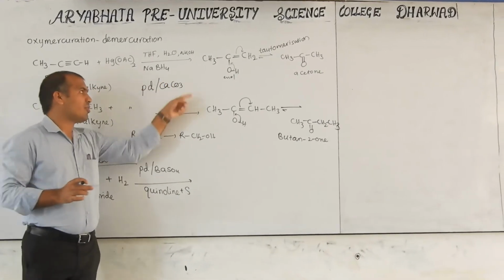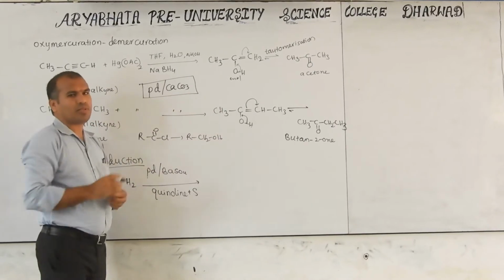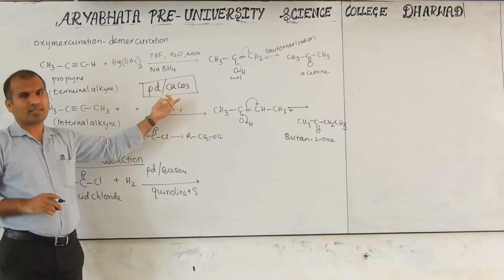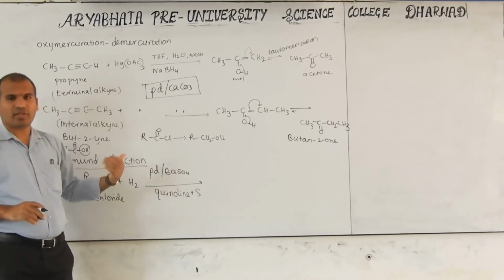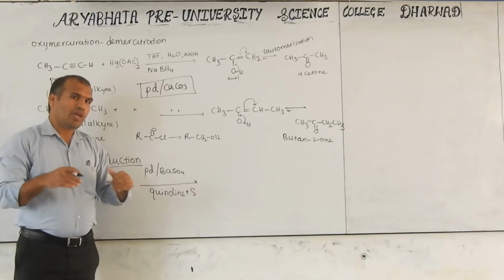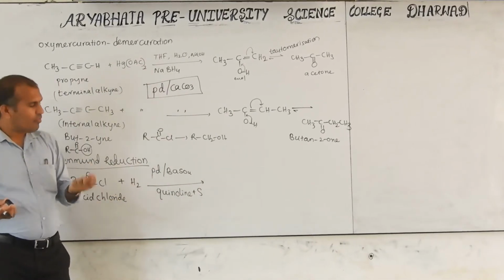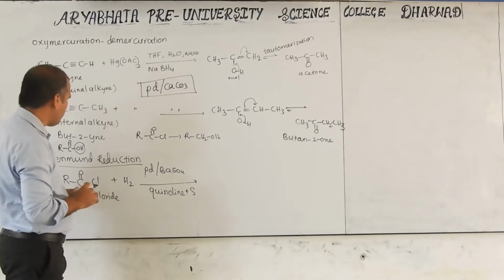That's why you have to observe carefully. Lindlar's catalyst is used for converting alkyne to alkene, but here it is the Rosenmund reduction catalyst. Sometimes it is also pronounced as Lindlar's catalyst, but you have to observe the difference: where to use calcium carbonate, where to use barium sulfate. That is very important.